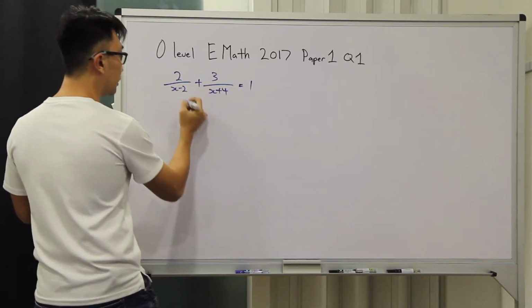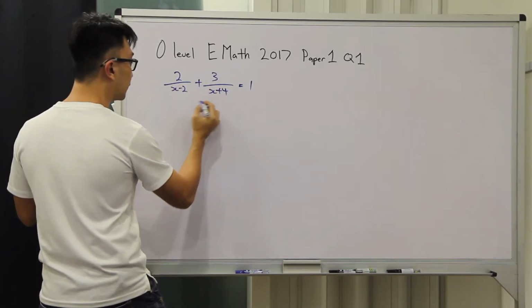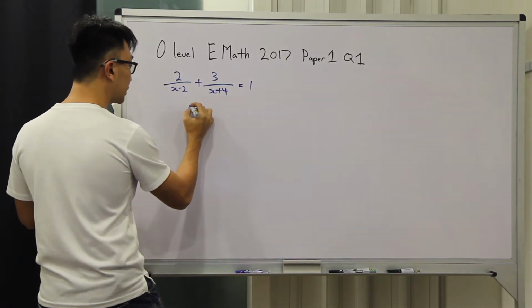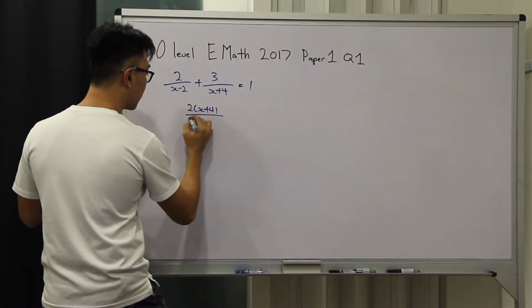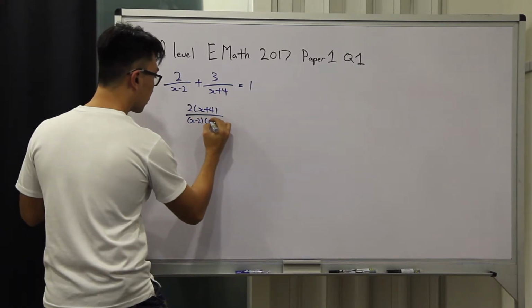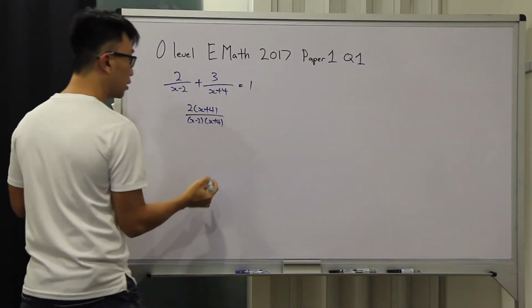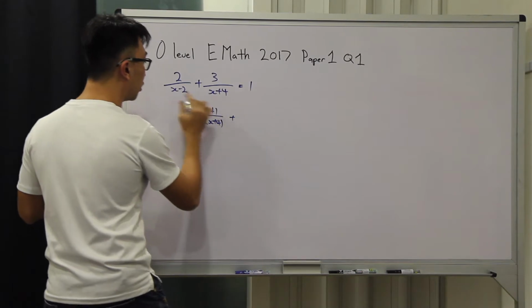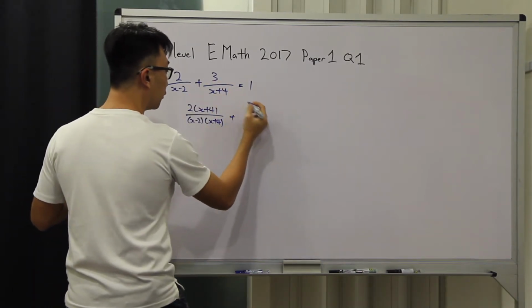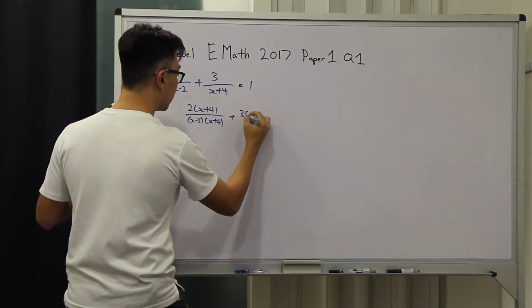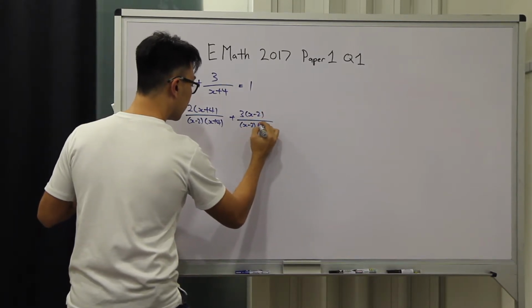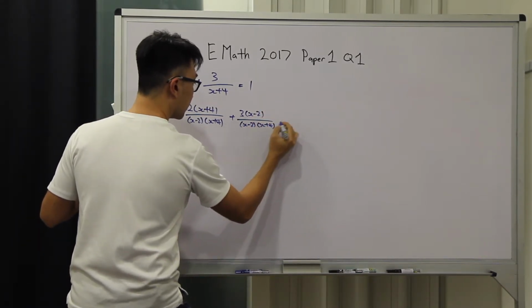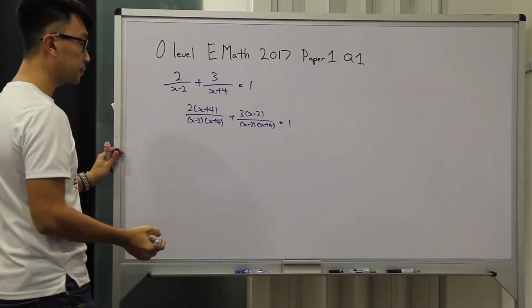Let us have a multiplication of x plus 4 on the numerator and denominator, and the multiplication of x minus 2 for both the numerator and the denominator, equals to 1.